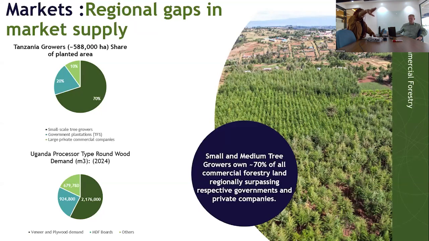Now the second pie chart there is a sample of about 45 processing companies in Uganda that have stated what their intake or demand for roundwood is per annum. So in total, it really is about 3.5 cubic meters. So what that could translate to is maybe a tree of about 10 years would be 0.25 cubic meters.